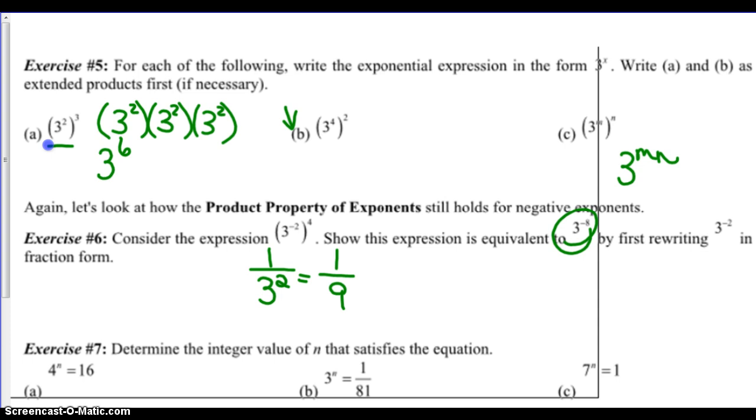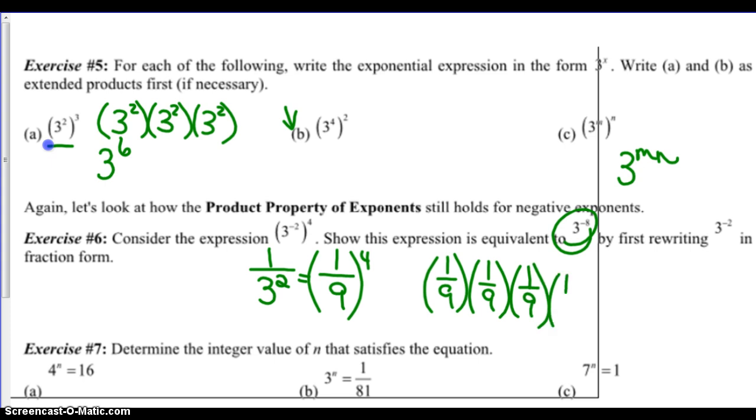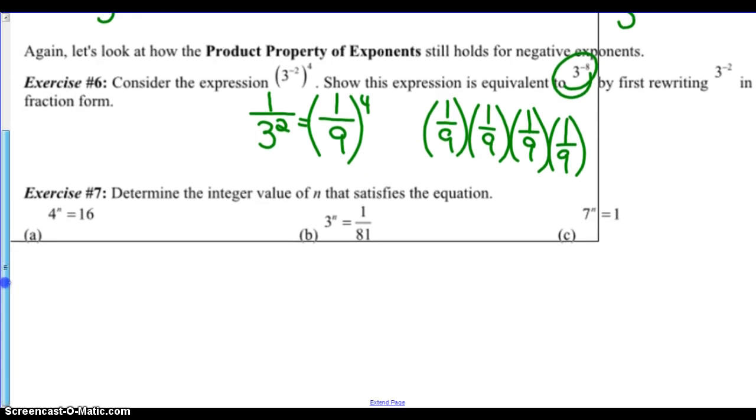You could then show, raising that 1/9 to the 4th power, that you could write that out 4 times and multiply through. So I'm going to let you go through, multiply those, and show that it's the same as 3 to the 8th.